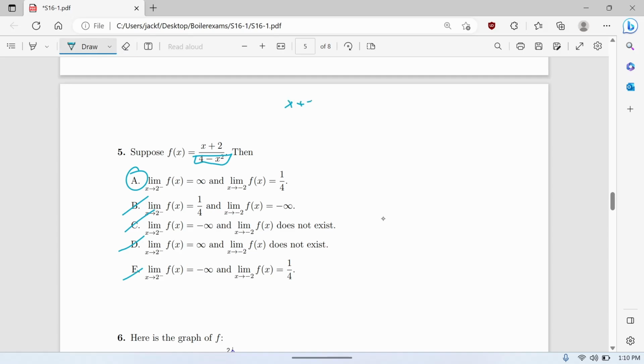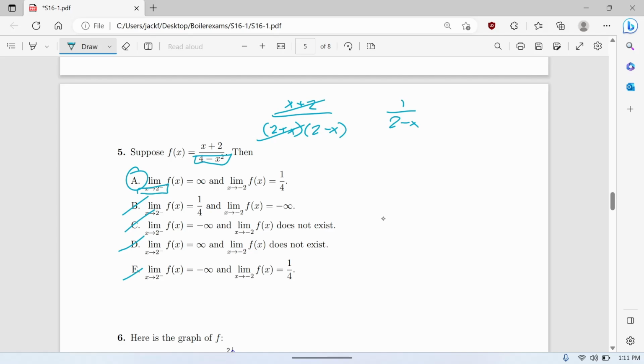So that's x plus 2 all over 2 plus x and 2 minus x. And then you can cross both of these out. They're the same. So that ends up being 1 over 2 minus x. That's our answer.